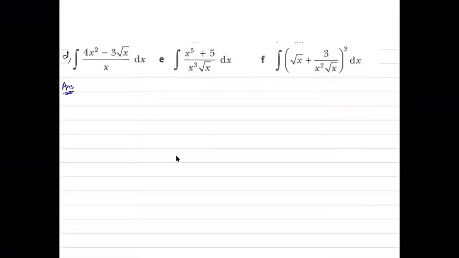Okay. Part D. What is the first step that comes to your mind? So you can separate and write 4x squared upon x minus 3 root x upon x.